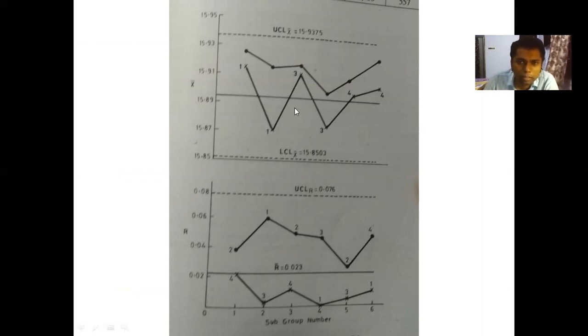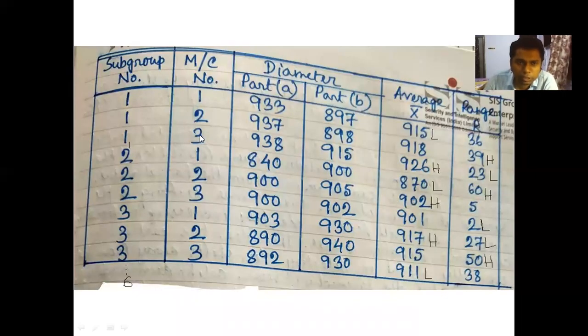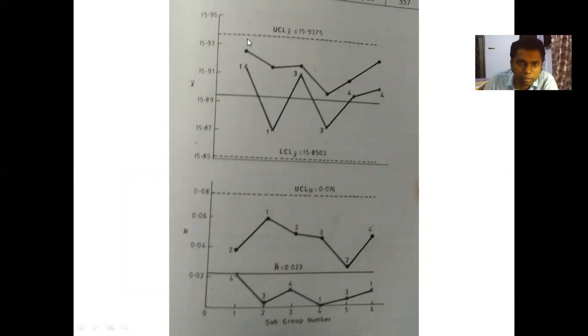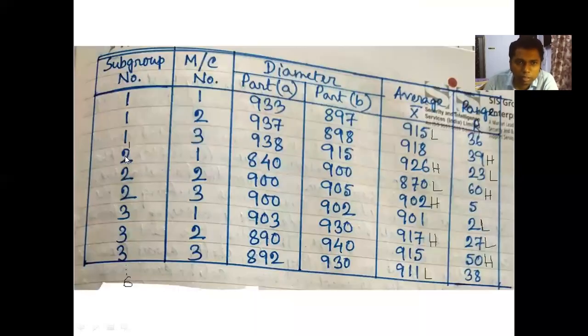Since the third machine gives you the highest value, you can write 3 here. It will indicate that the third machine is giving you the highest value, and the first machine is giving you the lowest value. Then for the second subgroup, the lowest value is 870, which is given by the first machine.